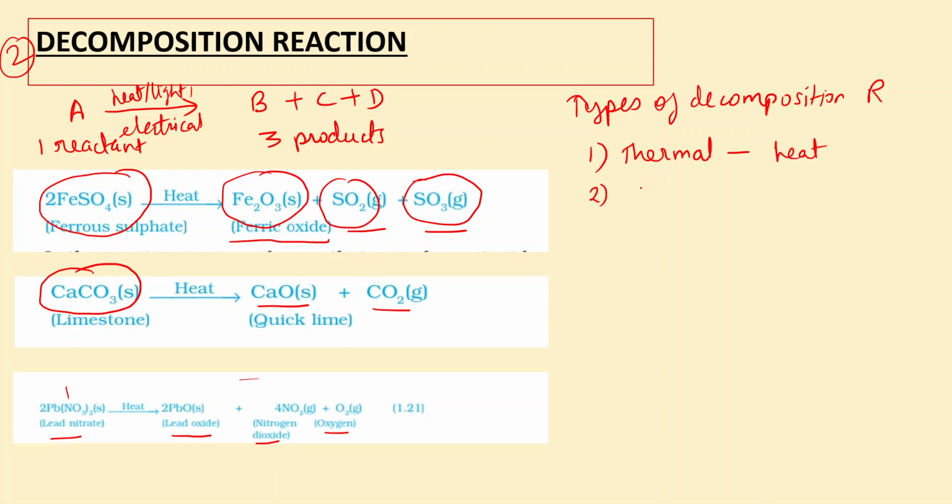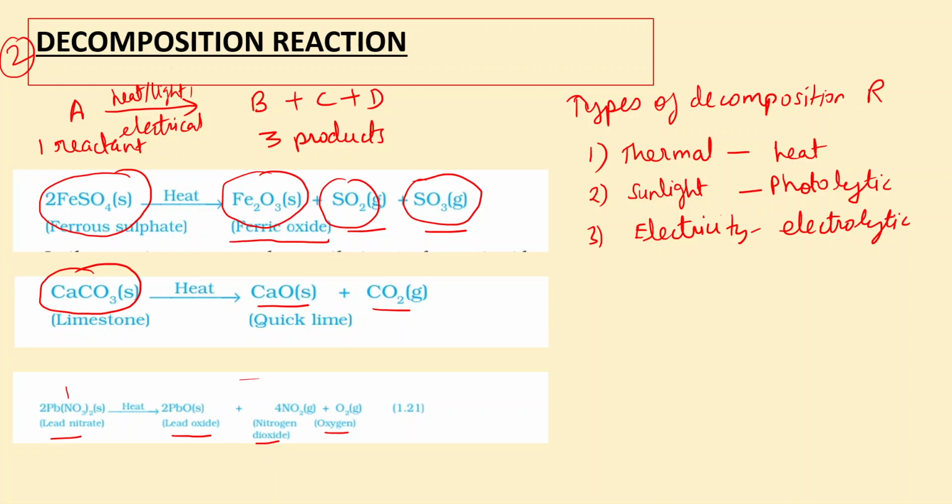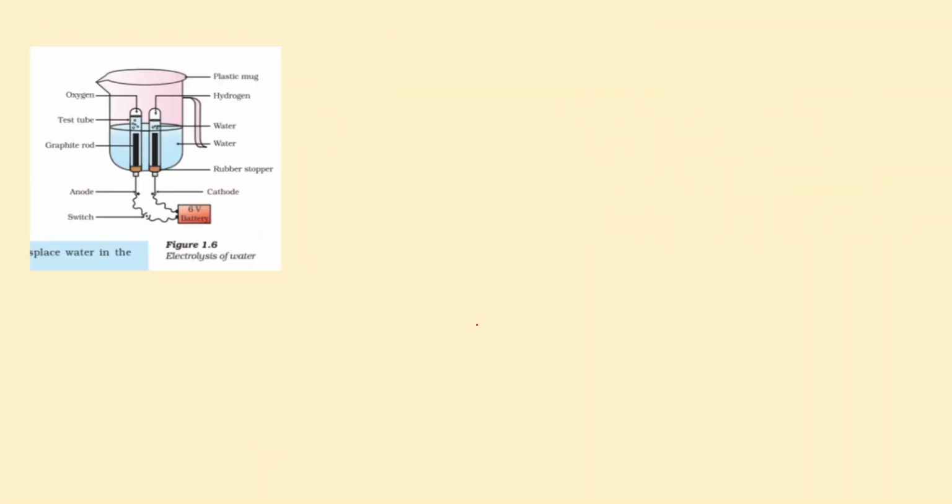Whenever you give sunlight or light, it is photolytic. Whenever you give electricity, it is known as electrolytic decomposition, right? So we will take some more examples to understand.